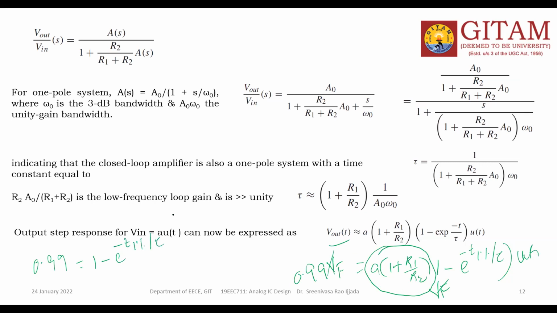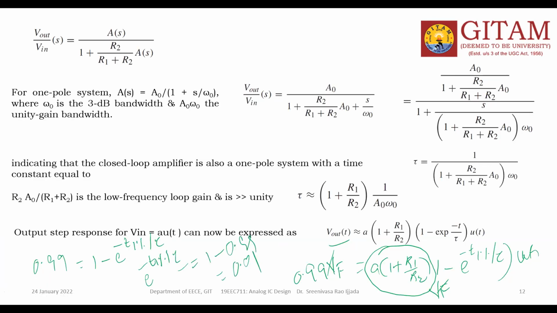You can rearrange this equation: e power minus t 1% by tau is equal to 1 minus 0.99, which is 0.01. Then apply log on both sides to find the tau value. Do you understand this procedure? Yes, sir. So how to find the tau value? When t is infinite, the exponential term becomes 0, and V final is A into 1 plus R1 by R2.